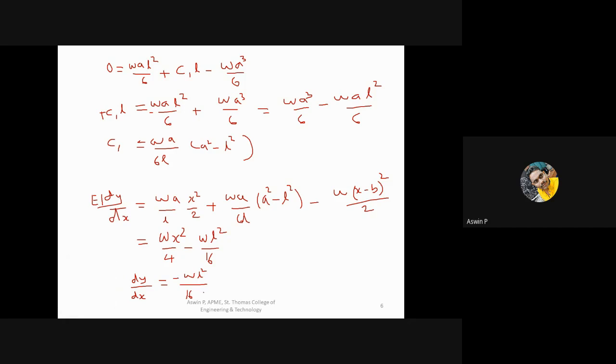That is 16 EI. This will be the equation for slope at b.